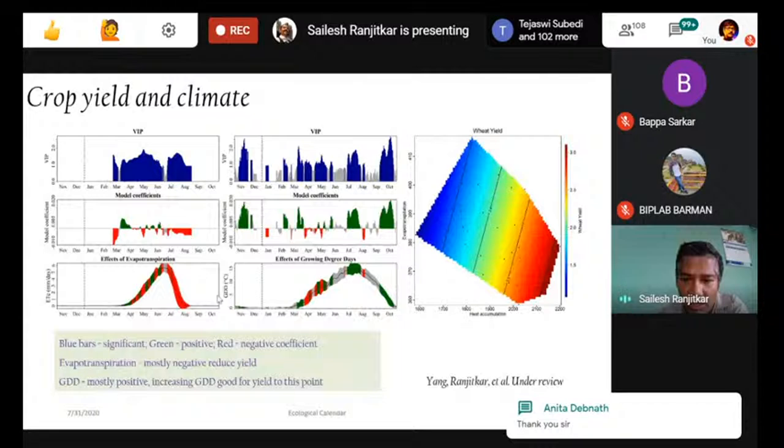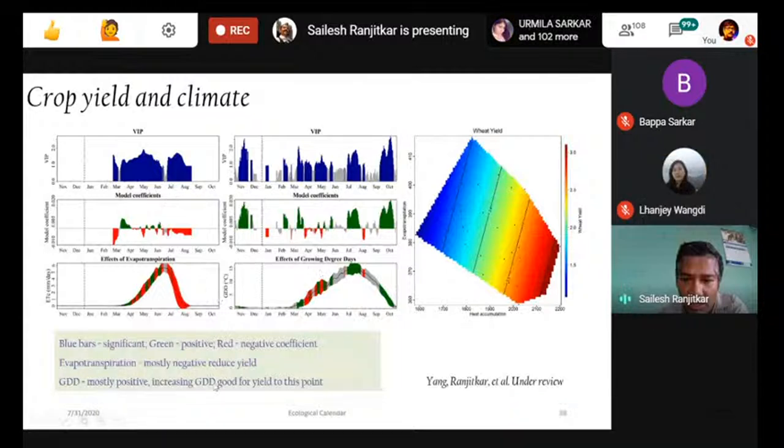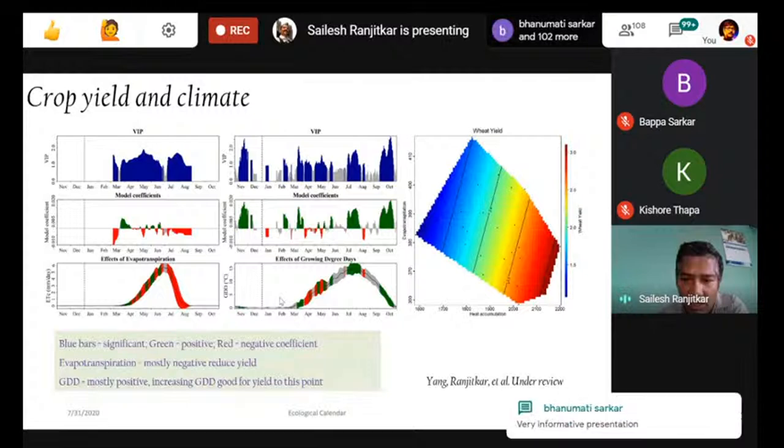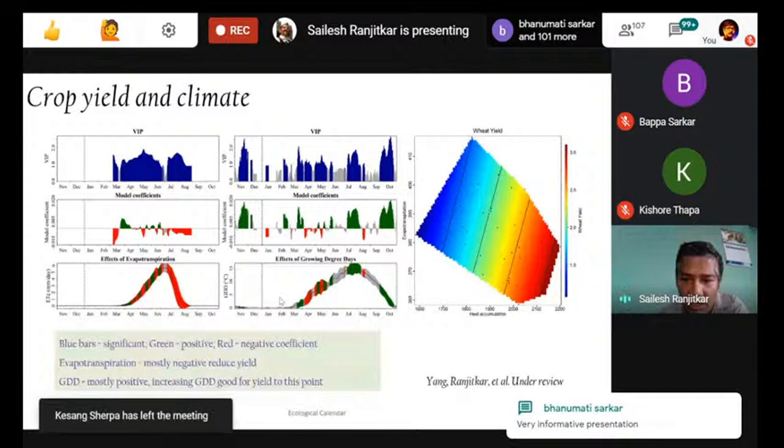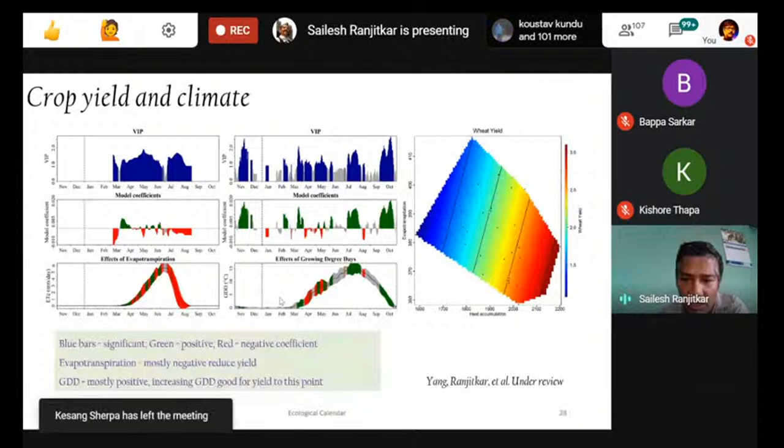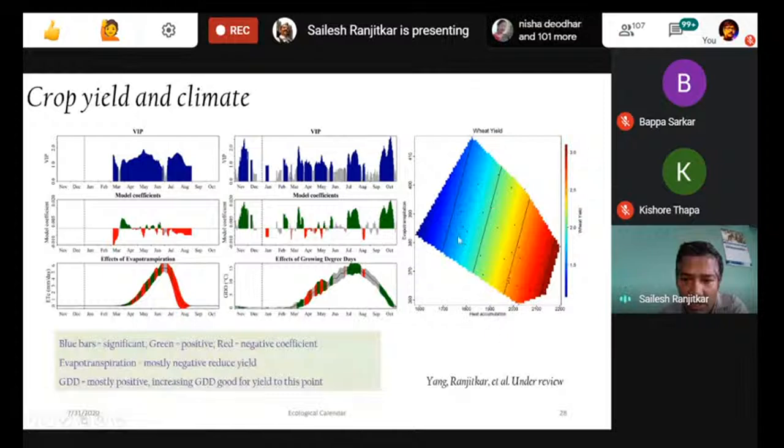That is one important finding. Another is growing degree day. Because of warming, the heat accumulation these crops are getting in this mountainous region is really good for the yield, and potentially, to some extent, if the warming continues, yield might be better for the wheat.